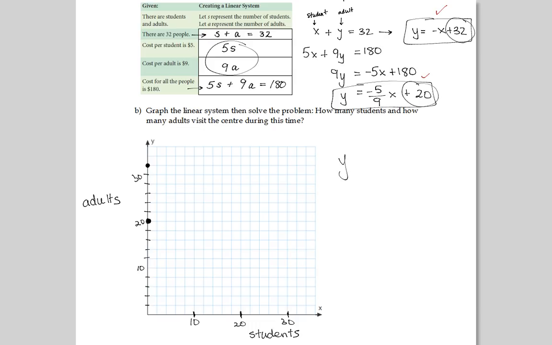So for this equation, negative x plus 32, if I go over 2, I got to go down 2. Kind of annoying, but whatever.